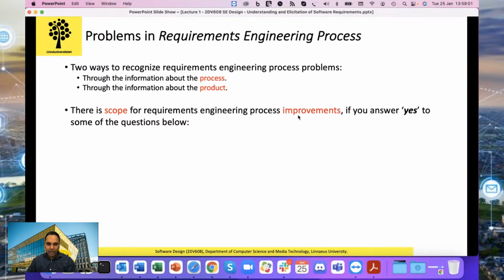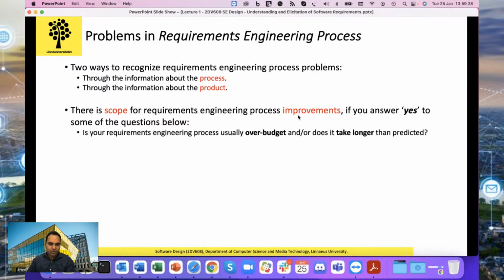But there is a more systematic way that you can use to identify problems in your requirements engineering process. And that is, you ask a set of questions to yourself, or as a manager to your employees, or as a stakeholder to other stakeholders.